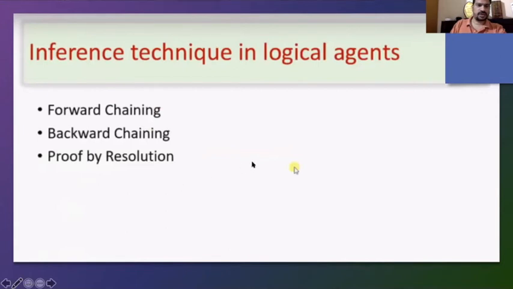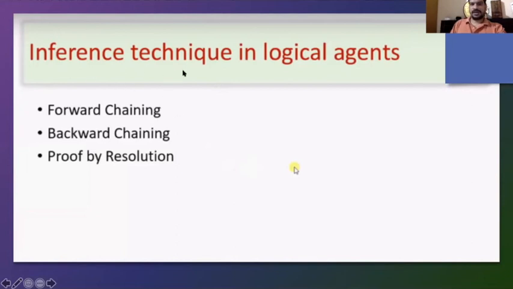Now let's talk about some inference techniques for a logical agent. We know what a logical agent is. A logical agent is nothing but a knowledge based agent in which we have some knowledge, and this knowledge is upgraded based on some inference system. These inference systems are nothing but different inference techniques in the logical agent.